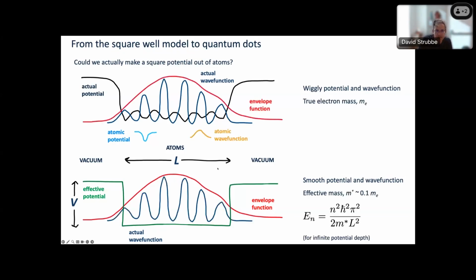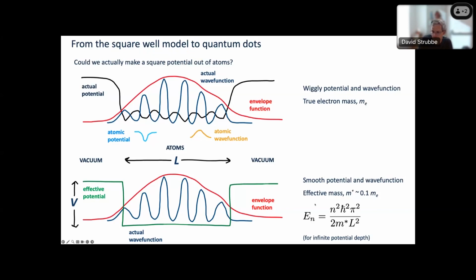And this is how we sort of make that construction of trying to identify what this envelope function is, thinking there's some atomic wave functions that we can basically divide out and then apply that in making this simplified model. This is also related to the idea of bringing in an effective mass for the electrons too.